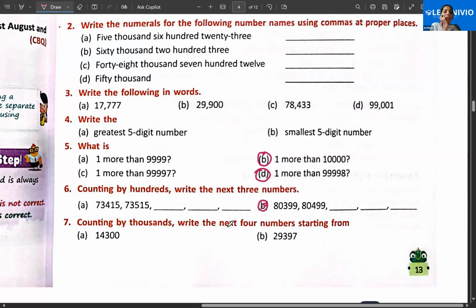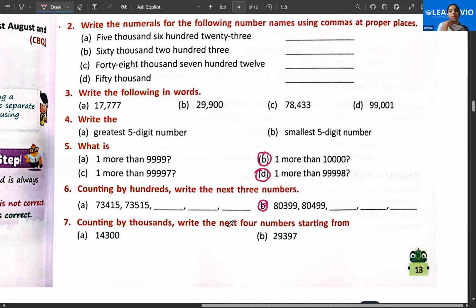I was saying if they have written in the question one more than this number, one more than 9,999. What if it was written one less than? So how will you find that if it's written one less than? We should minus one from it.